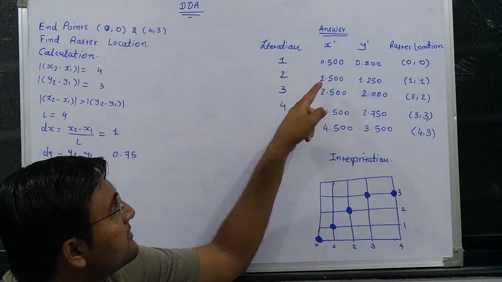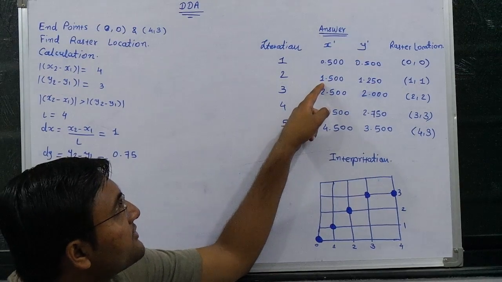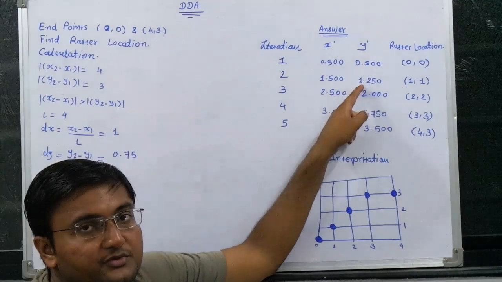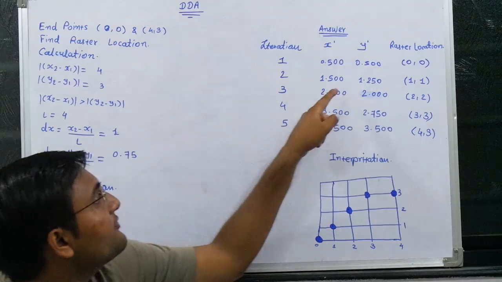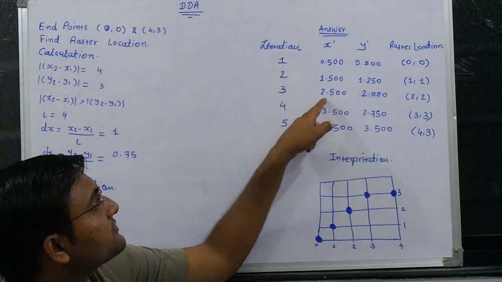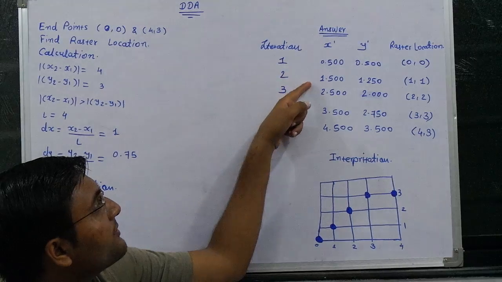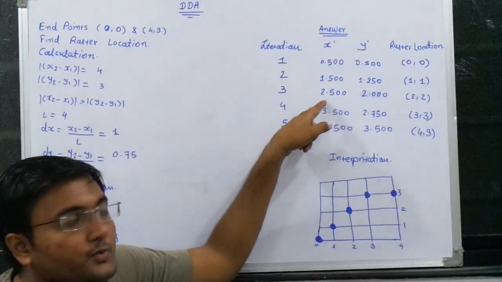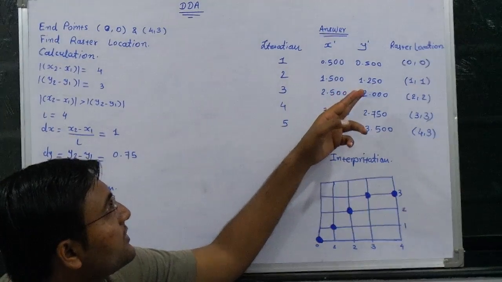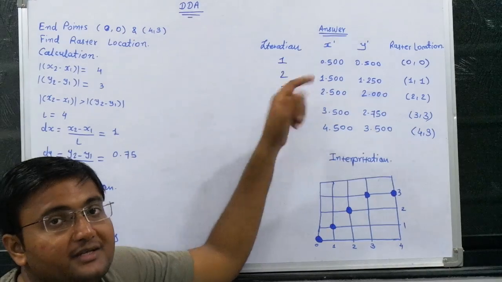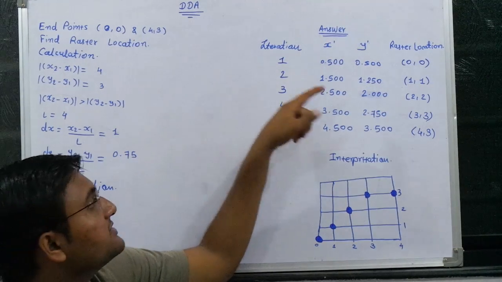In the same manner, now x becomes the second iteration value and y becomes the second iteration value. And we need to find out the next value in the third iteration, which is x plus dx. That means 1.5 plus 1 is equal to 2.5 and 1.25 plus 0.75, y plus dy, is equal to 2.